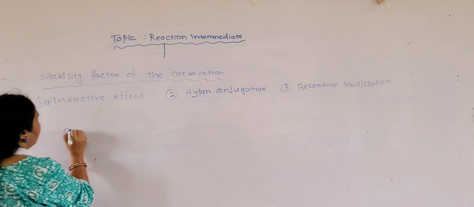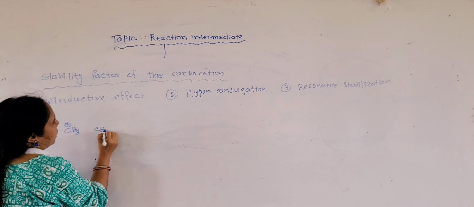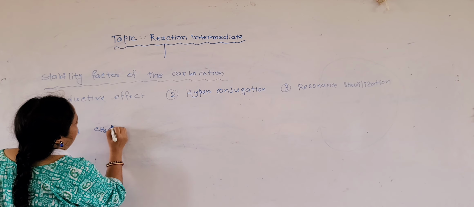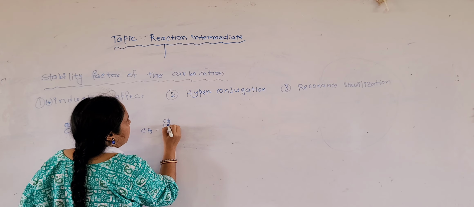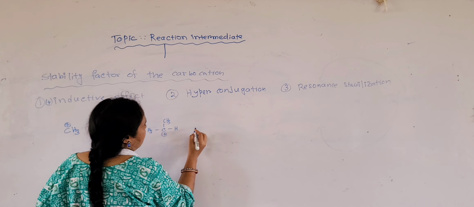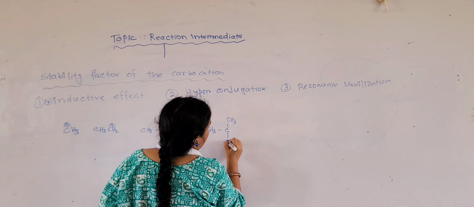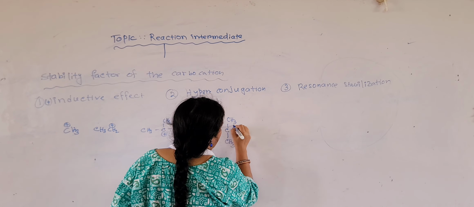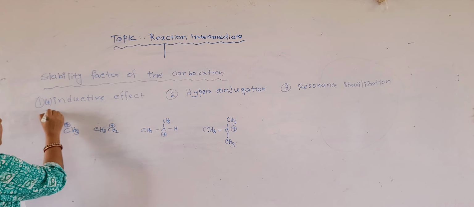Here those carbocations have been drawn: H+, CH3+ and others. Now which one will be more stable according to the inductive effect?